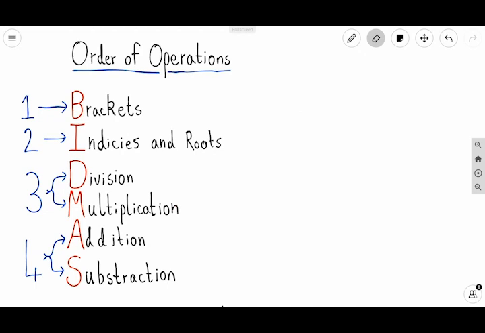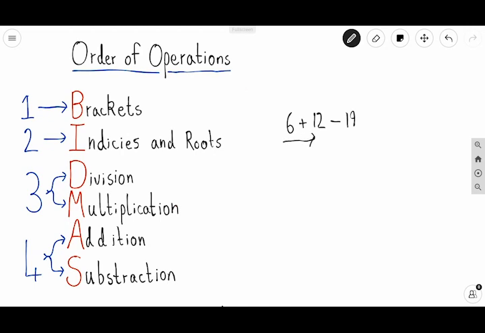And that's the same with subtraction and addition, but we do division and multiplication first and then addition and subtraction. If all the operations in the problem are addition and subtraction, for example, 6 plus 12 minus 19, then we just do it left to right.